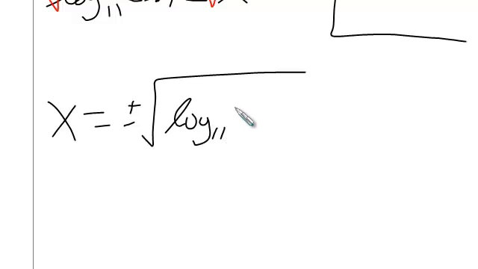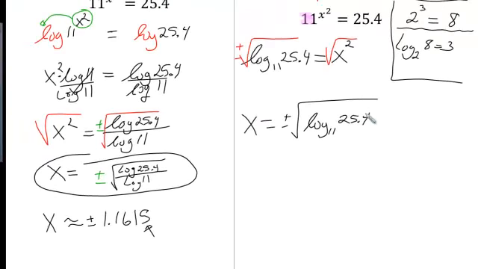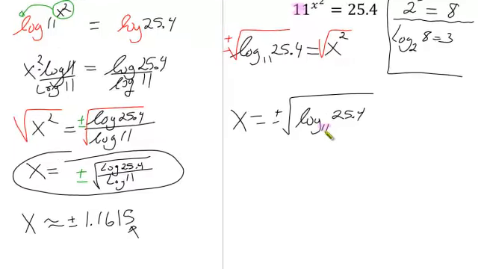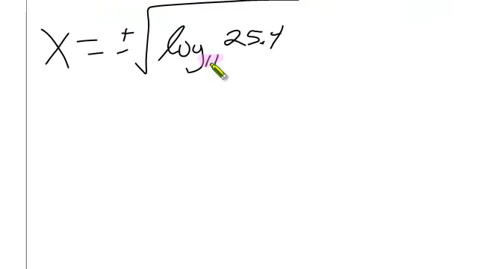The problem with this particular problem now is that most calculators, some newer calculators do, but I don't have a base 11 key on my calculator. I only have base 10 and base E. So we have to do what is called a change of base formula. And I'm going to go over the change of base formula further down in this video. But basically, the change of base formula says that you can change the base to anything you want.